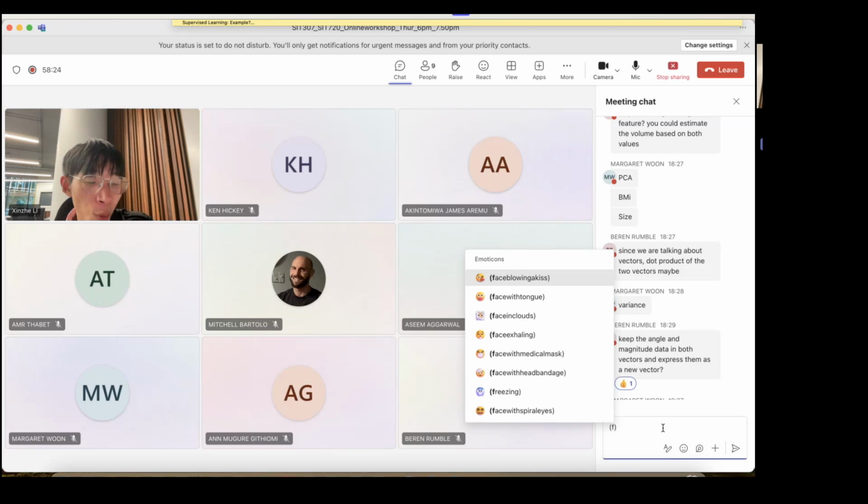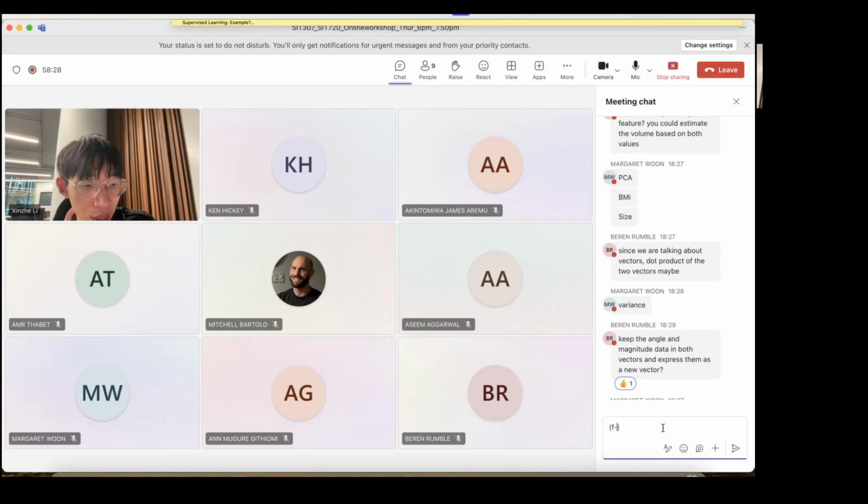Feature 1 has 1, 2, 3, 4 values. Then we subtract the mean of feature 1, then we do the square, right? Then we divide by the number of examples, that's n.